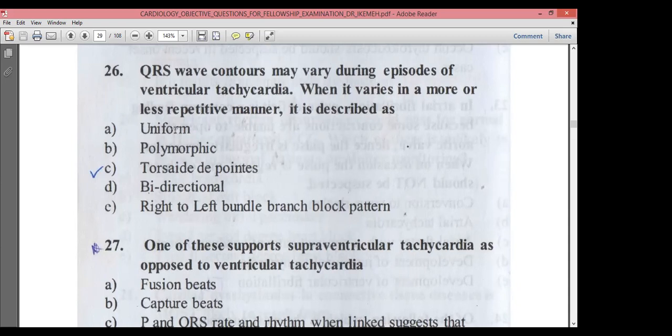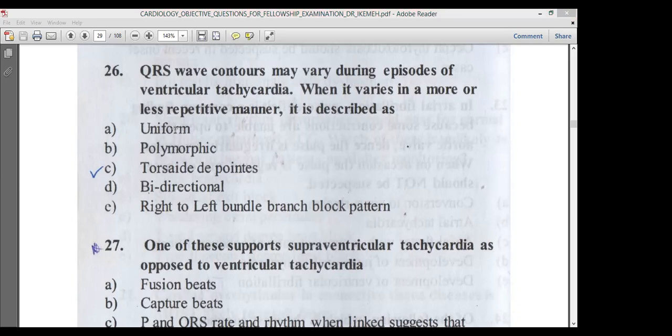Okay, section C20, number 26. E, polymorphic. C, torsades de pointes.